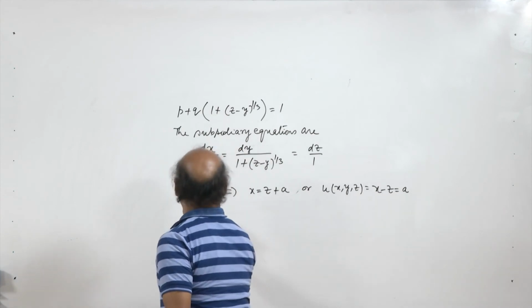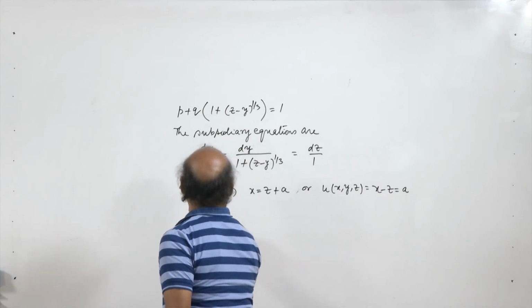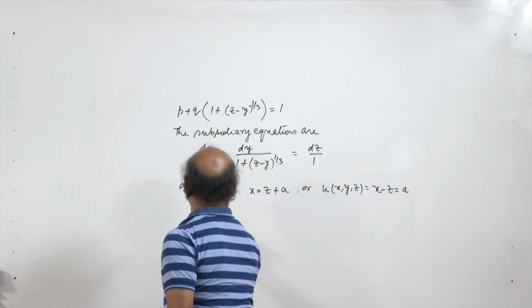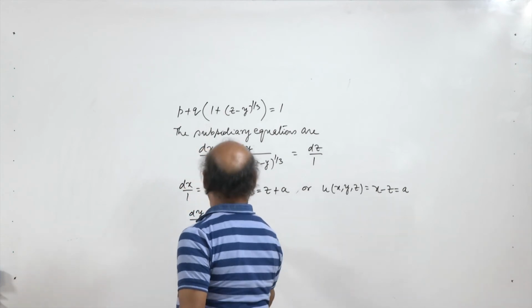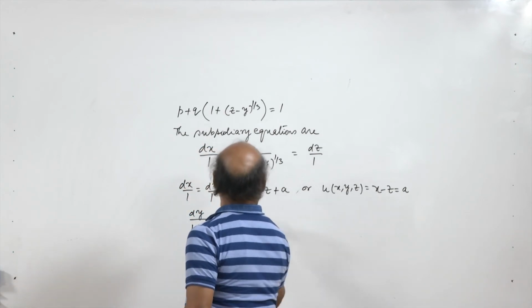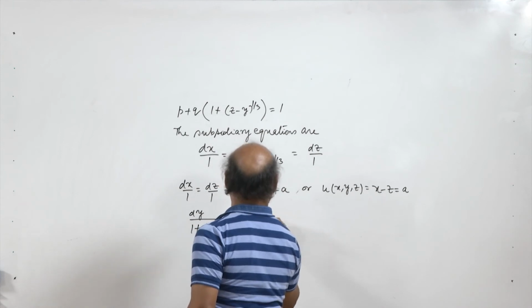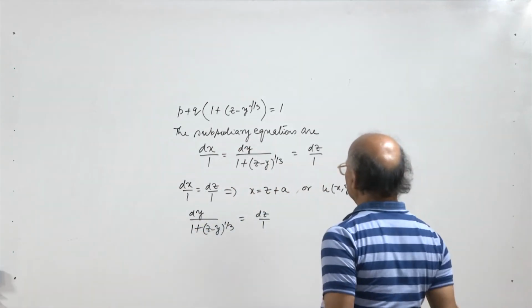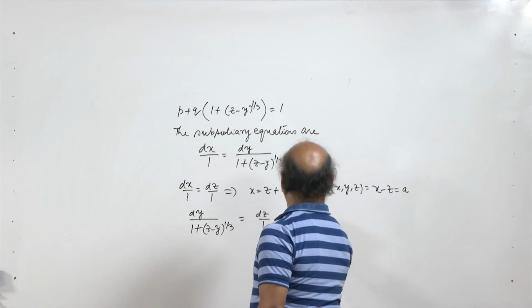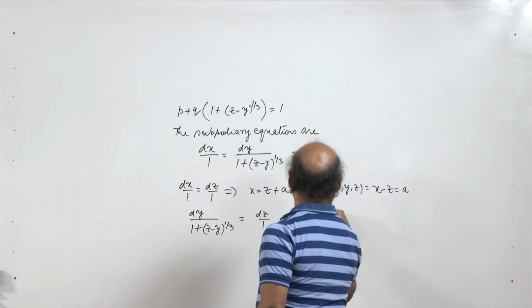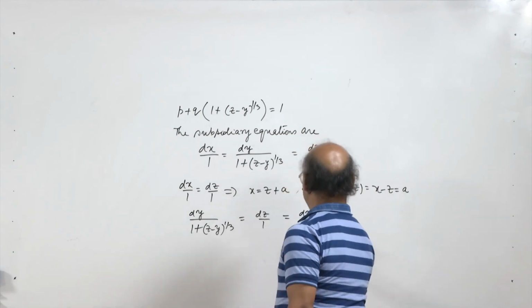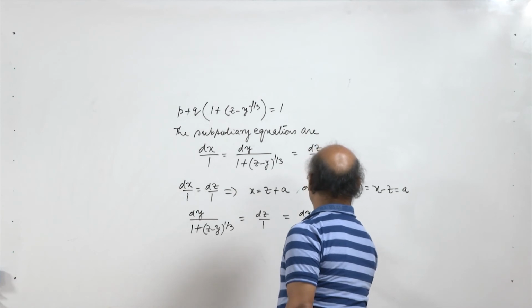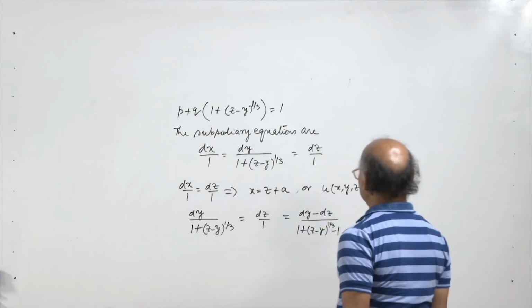So we can consider dy over 1 plus (z minus y)^(1/3) equal to dz upon 1. Now this is also equal to (dy minus dz) divided by 1 plus (z minus y)^(1/3) minus 1.